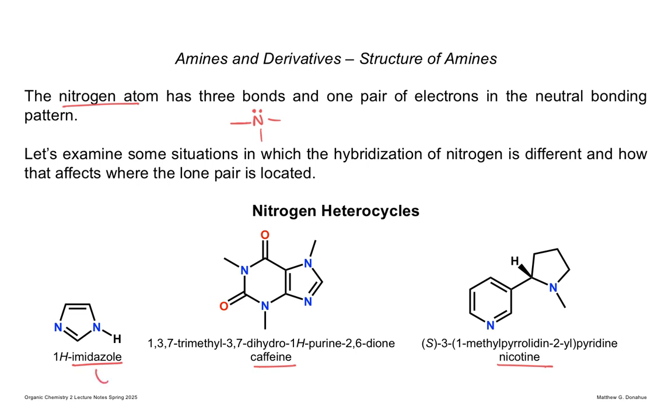The reason we're talking about this, it's the side chain in histidine, which is an amino acid, and we'll talk more about that in Module 5. But when you look at those 2 nitrogens, what's the hybridization of the one on the left?